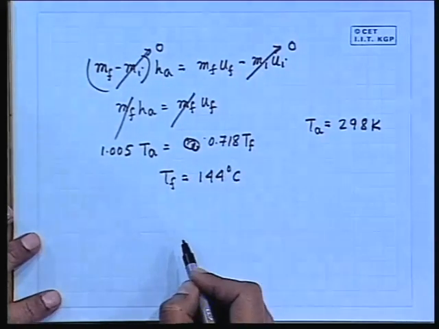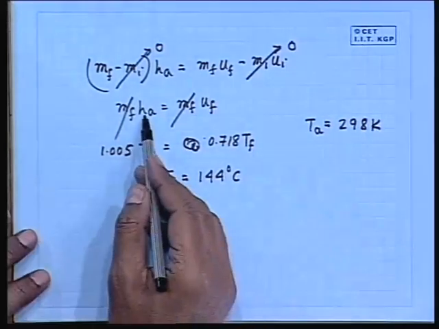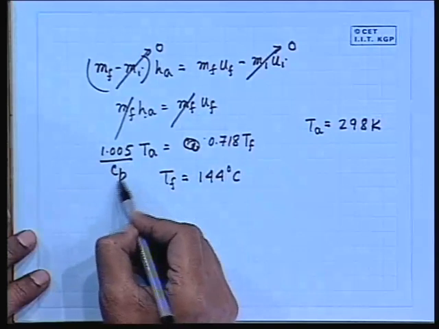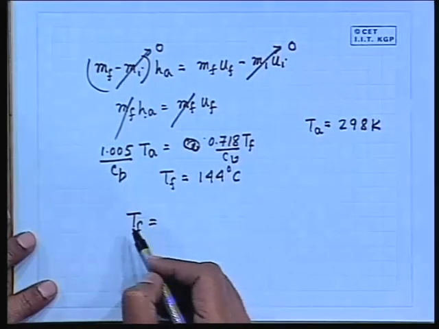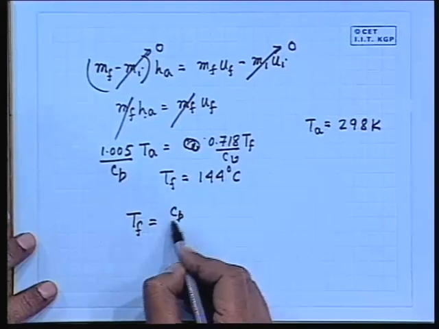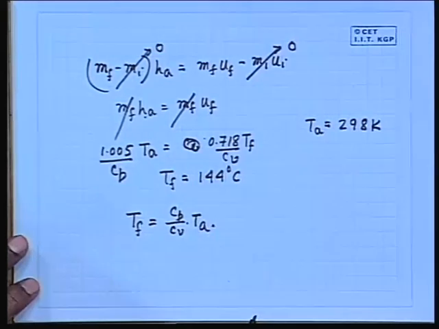Now, it is a very interesting thing that we know this for air, for any ideal gas, H is Cp, that means this is Cp and this is Cv. That means the final temperature, if the bottle is evacuated, will be the ratio of specific heats times the temperature of the air. Ratio of specific heats is greater than 1.